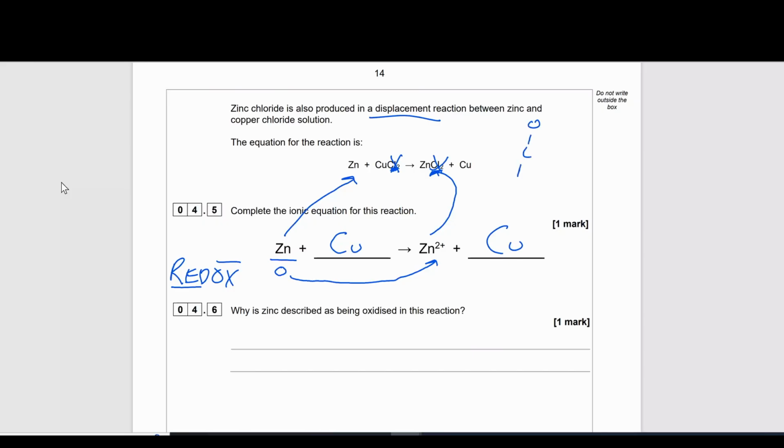And if you remember our OIL RIG, oxidation is loss, reduction is gain. So this is showing us oxidation here. So that must mean that when we are trying to show the change for copper, we need to show reduction.